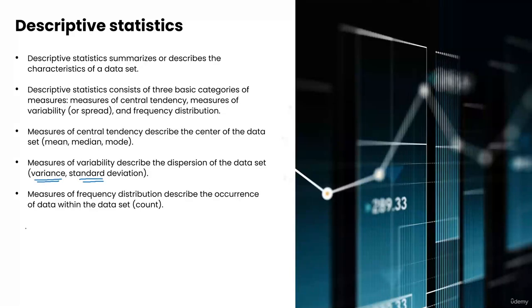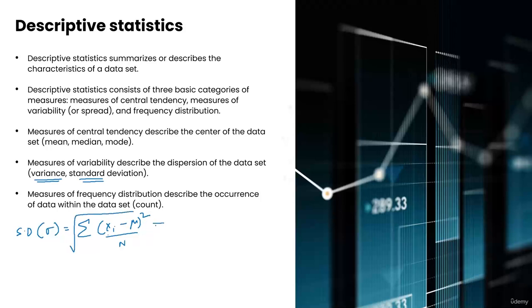In simple terms, the formula of standard deviation, which is symbolized as sigma, is the square root of the summation of (xi minus mu) squared divided by n. Again, summation is nothing but addition.